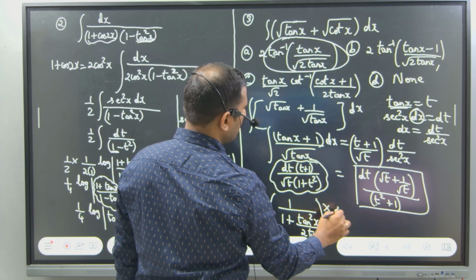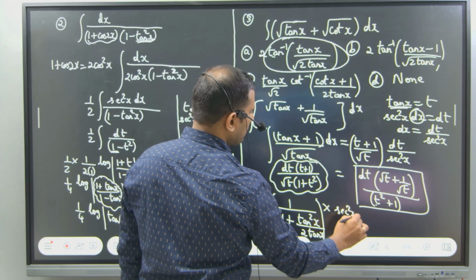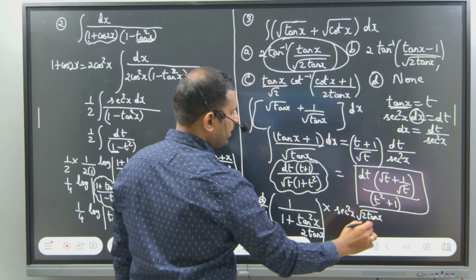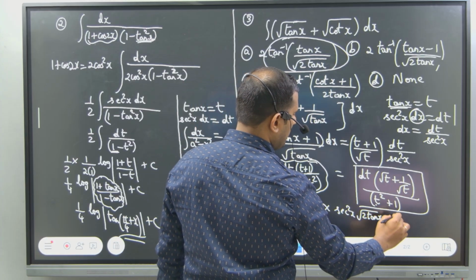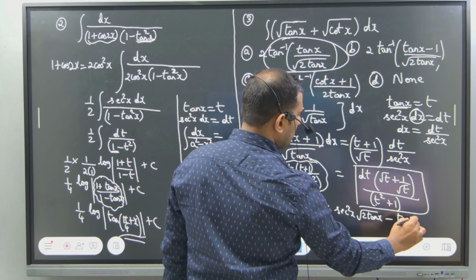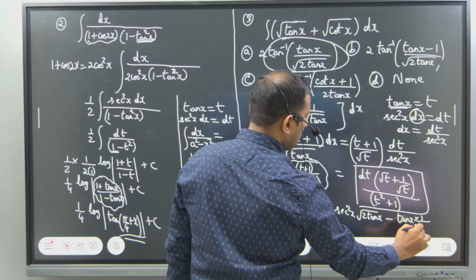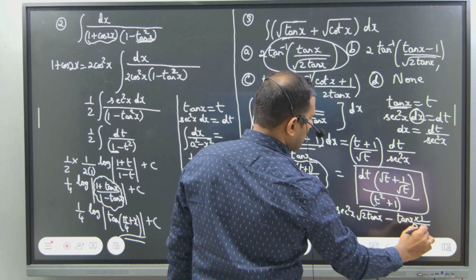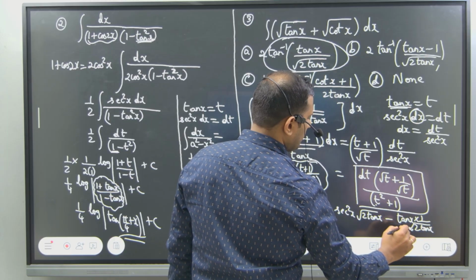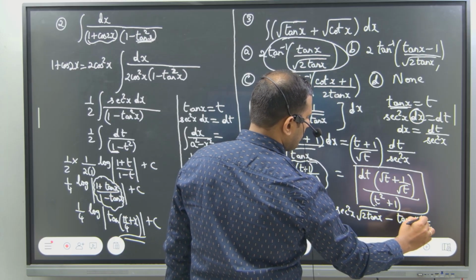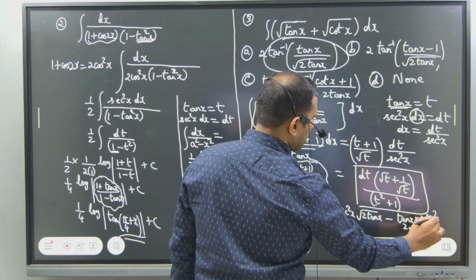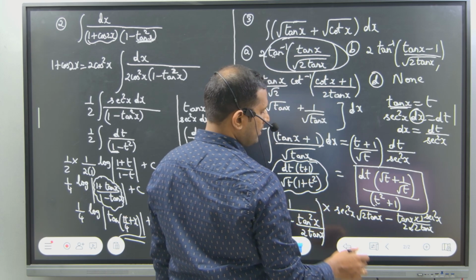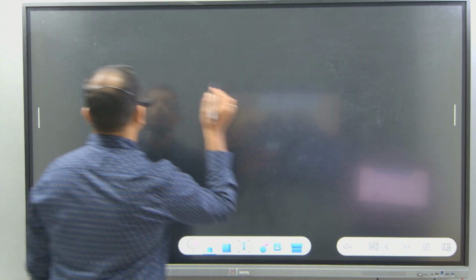So it will become secant square x root 2 tan x minus tan x into 1 by root 2 tan x into 1 by 2 root x into secant square. Then you have to simplify.